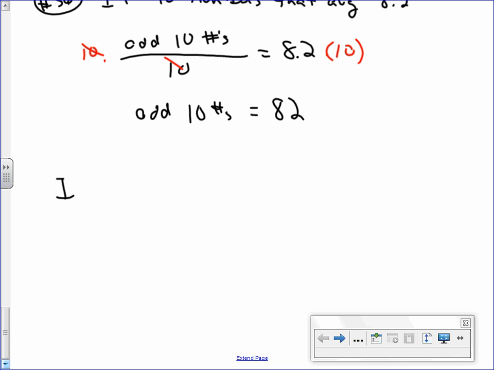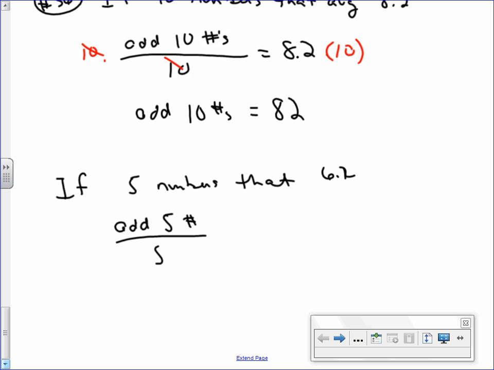So then there's usually a second step that says, well, if you have 5 numbers that average 6.2, okay, probably even better. Then you can change that to say, if I add those 5 numbers and divide not by 10 this time, but by 5, that's how you average, that's going to give me 6.2.